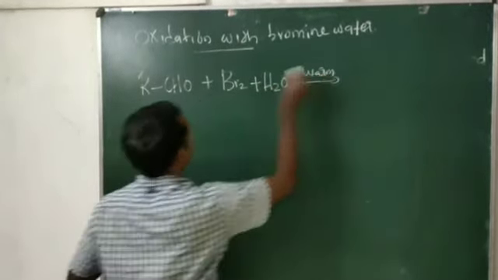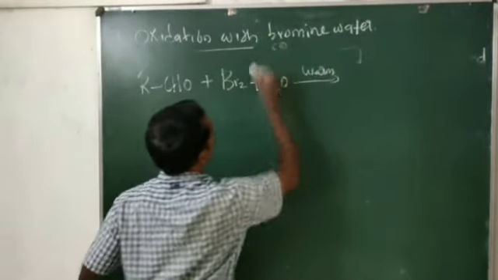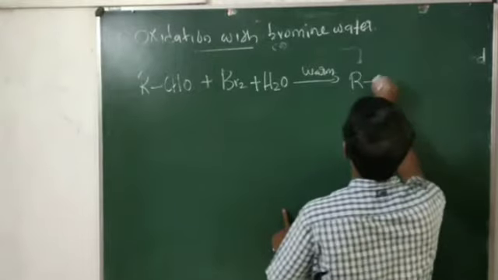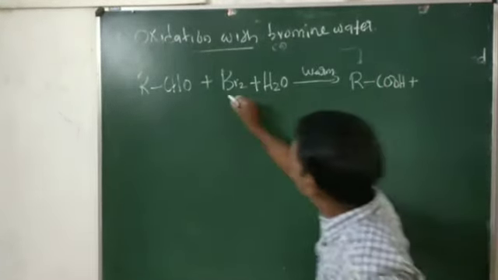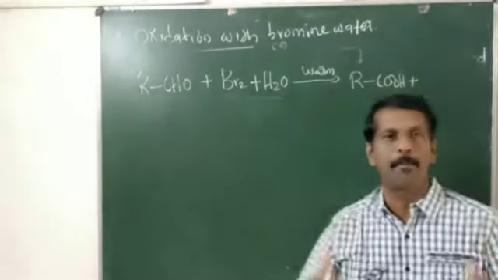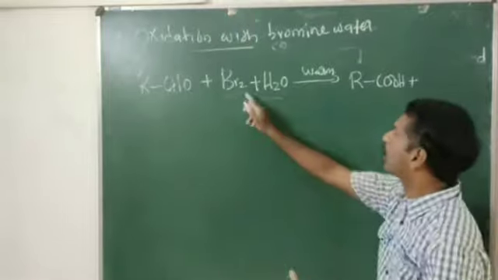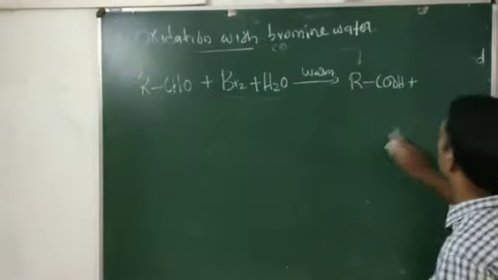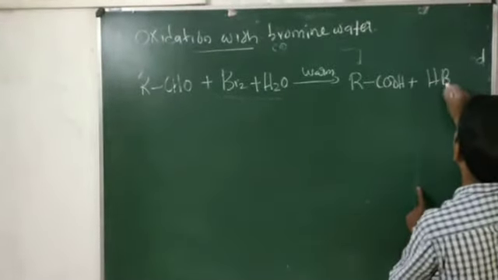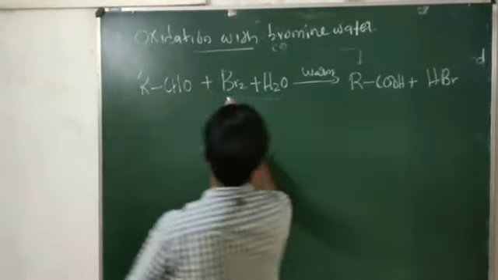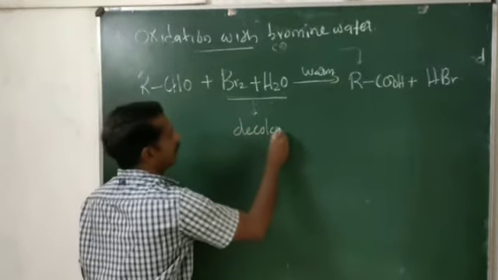What will happen? The aldehyde will be oxidized to the corresponding acid. You get RCOOH, the corresponding carboxylic acid. Simultaneously, bromine water has a pale pink color. The pink color disappears due to the reduction of bromine into hydrogen bromide, HBr. So you can see that during this reaction, bromine water decolorizes.